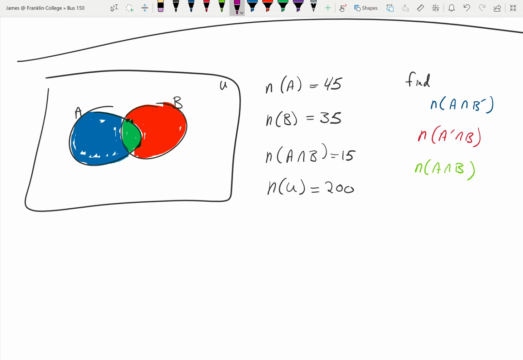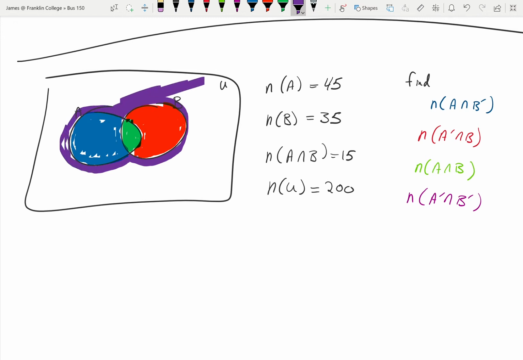And the last, but certainly not least, let's assume that we are asked to find the number that's in A complement intersect B complement. So A complement intersect B complement is all of the universal set that's not in A or not in B. So what that is, is all of the non-overlapping circles.